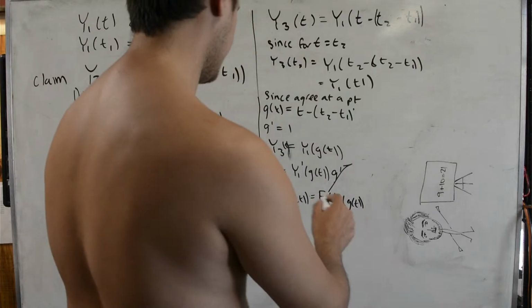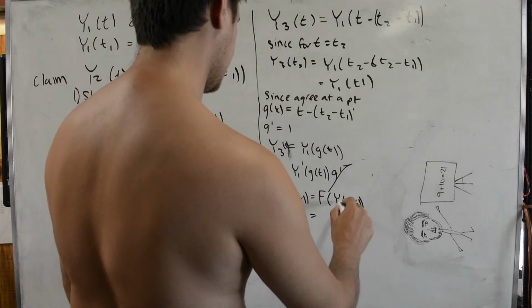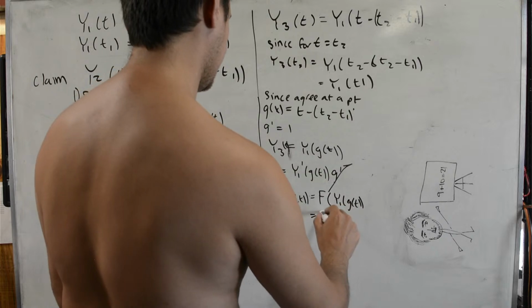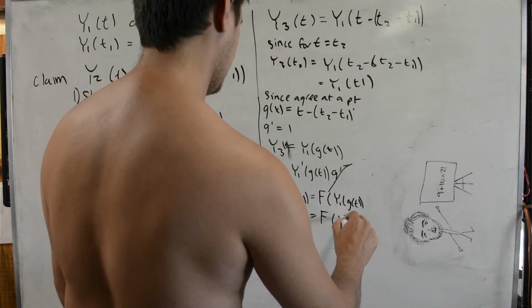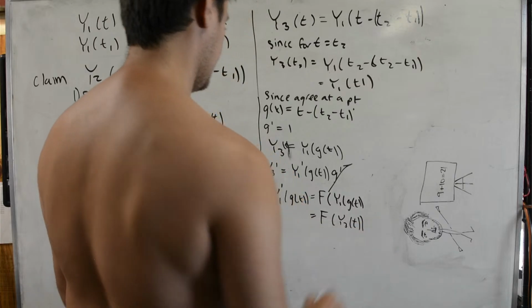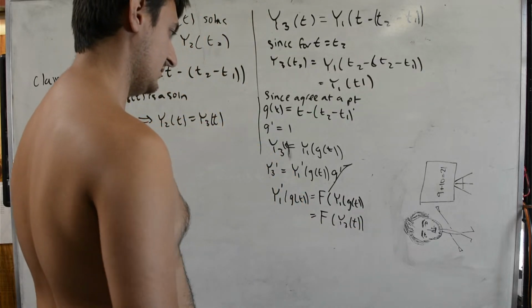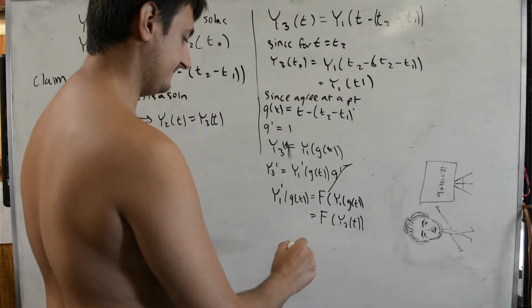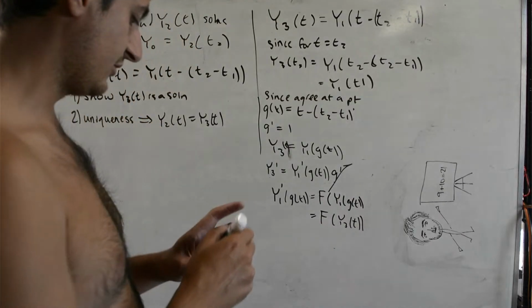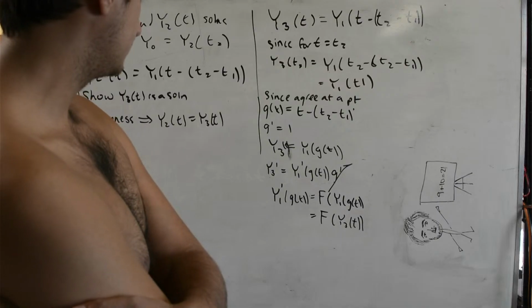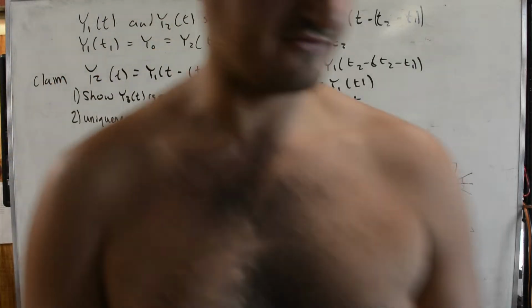Okay, and what they're saying is that since this is y1, y1 of g is equal to f of y3 of t. So why does that show that it's a solution? And what is the definition of f?